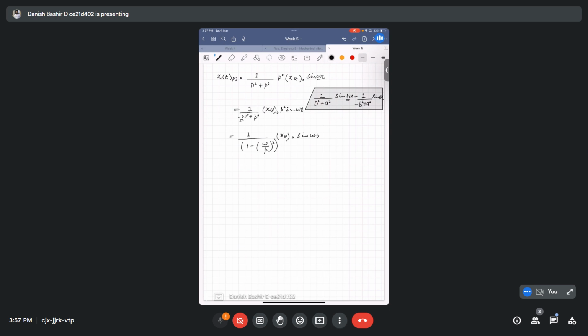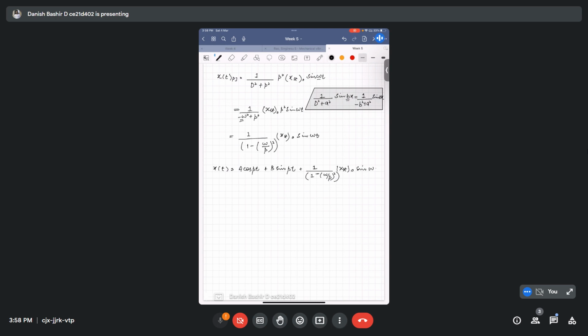So our total solution will be x of t equal to a cos pt plus b sin pt, plus this one, 1 by 1 minus (omega by p) whole square times x static naught sin omega t.